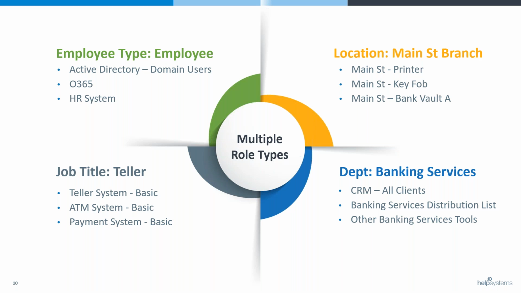So you can see that roles can be as simple as just an employee type, or can be expanded into more complex, detailed roles that really define what the user should end up getting once they are fully provisioned with all of the access that they need to do their job.